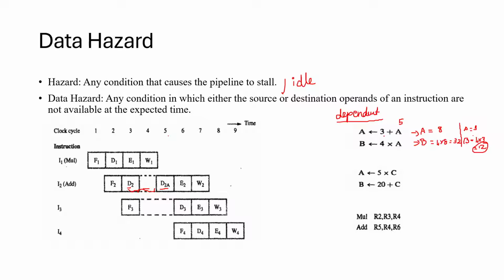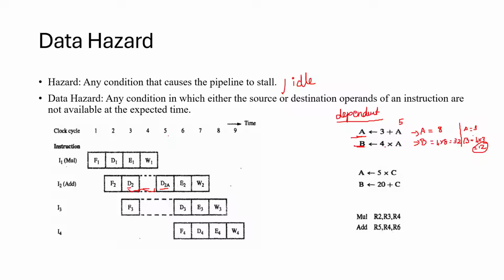or you can also consider it as an instruction. If the two operations are consecutive operations in the program, it is called as instruction. If the two instructions are dependent, definitely you should execute in a sequential manner, otherwise it gives the wrong result.